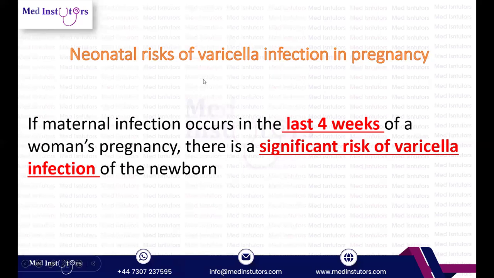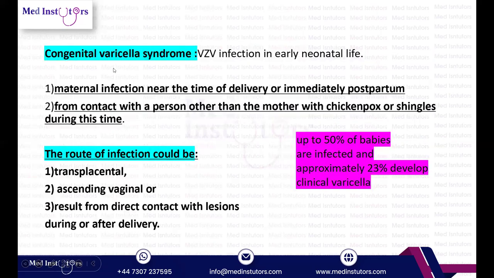That is important. If a woman's infection occurred in the last 4 weeks of pregnancy, the last 4 weeks, there is a significant risk of varicella infection of the baby. So you have to take care of these babies. That would lead to the congenital varicella syndrome. That is a syndrome or infection occurring in the early neonatal life.